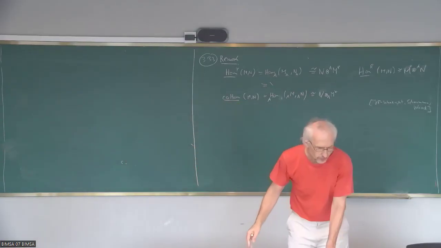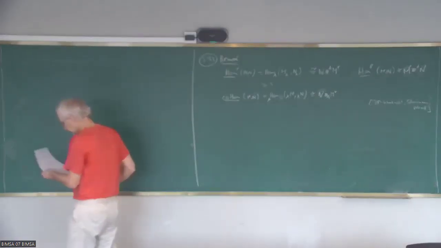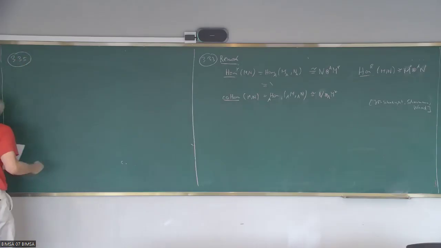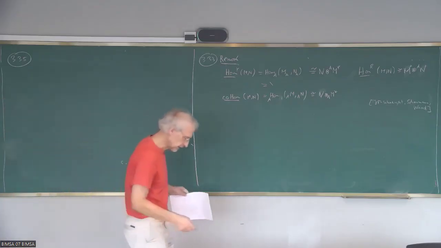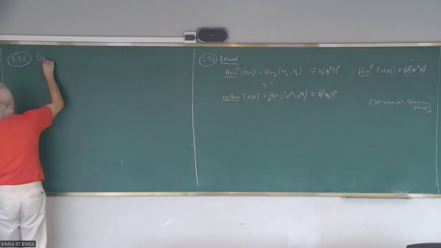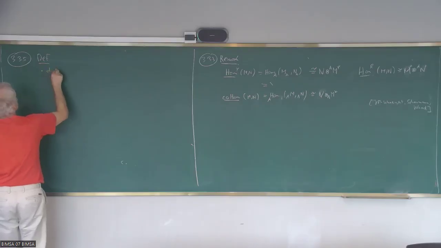Now, looking at this example and at various other situations, one is led to the following definition. This is called the Avail. It uses first the following notion, dualizing object.